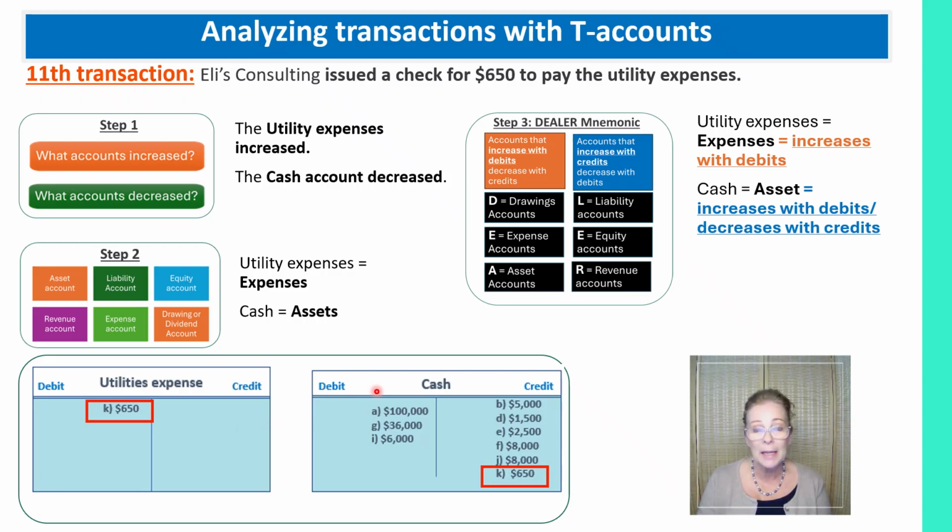We learned in step 3 that asset accounts decrease with credits on the right side of the T account. We find the T account for cash and write the transaction ID K and the amount of $650 into the credit column of the cash T account. The last transaction, number 12, is up next.